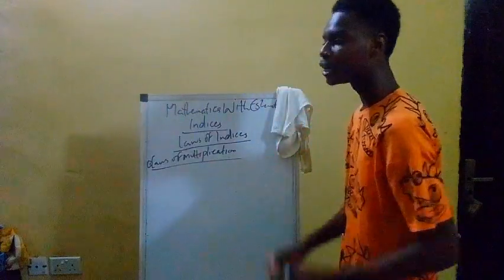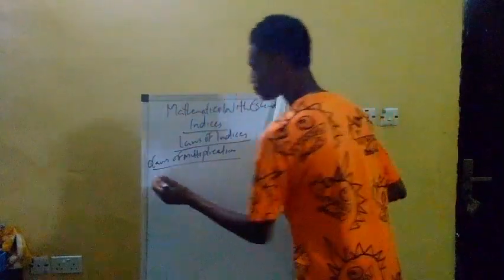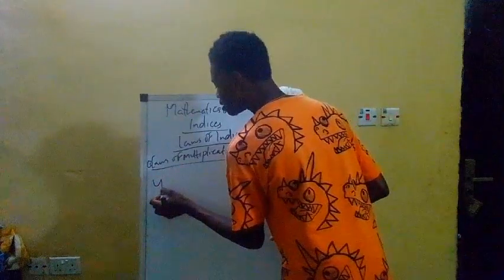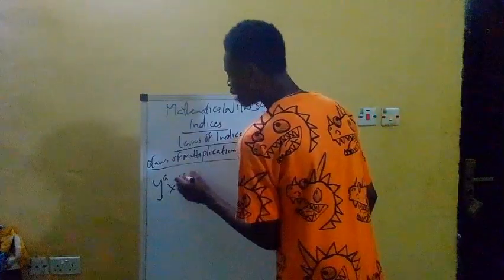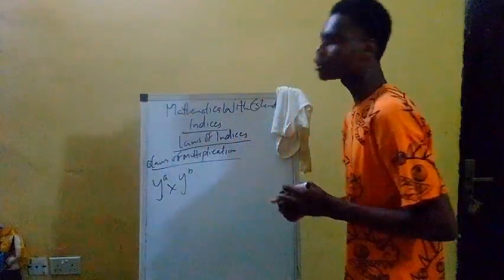Alright, law of multiplication. If you have something like this, y raised to power a times y raised to power b, there's something you must know.